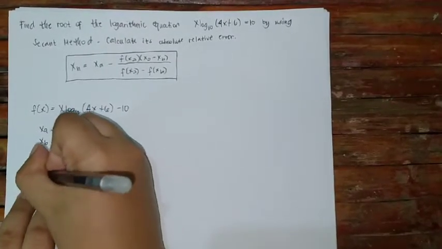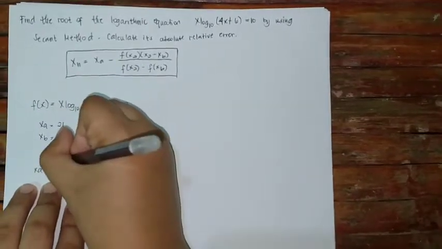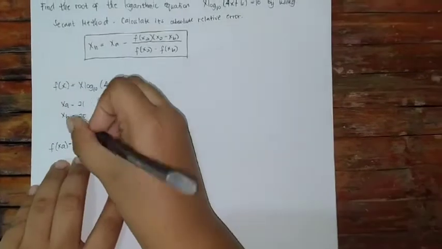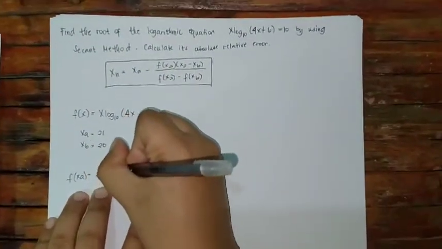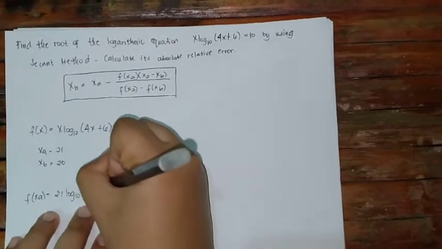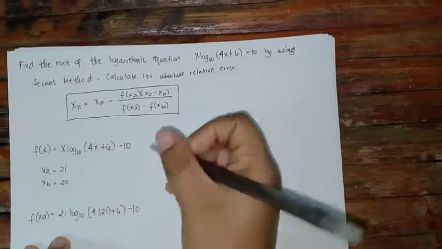We have f(x_a) = 21 log10(4(21) + 6) - 10.